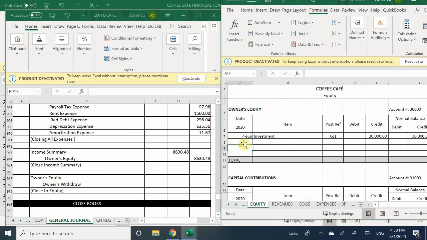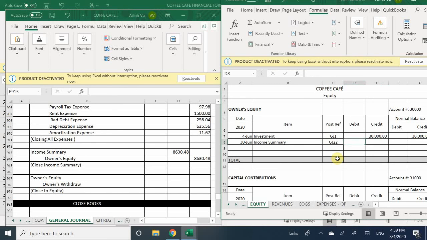And I'm going to post this into my equity account. So I'm going to increase my equity account, income summary, general journal 22.